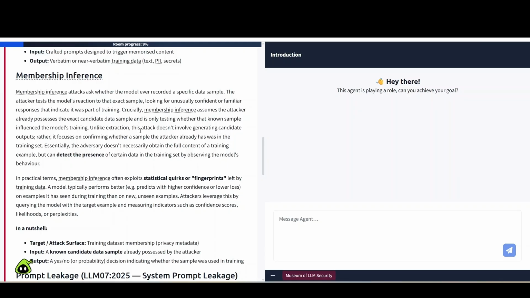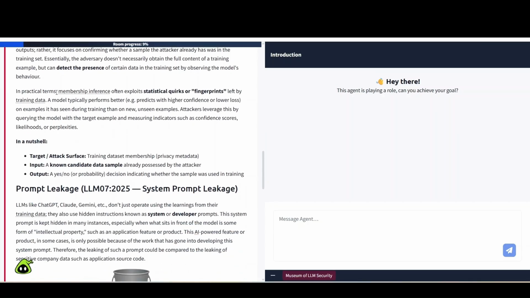Unlike extraction, this attack doesn't involve generating candidate outputs. Rather, it focuses on confirming whether a sample the attacker already has was in the training set. Essentially, the adversary doesn't necessarily obtain the full content of a training example, but can detect the presence of certain data in the training set by observing the model's behavior.